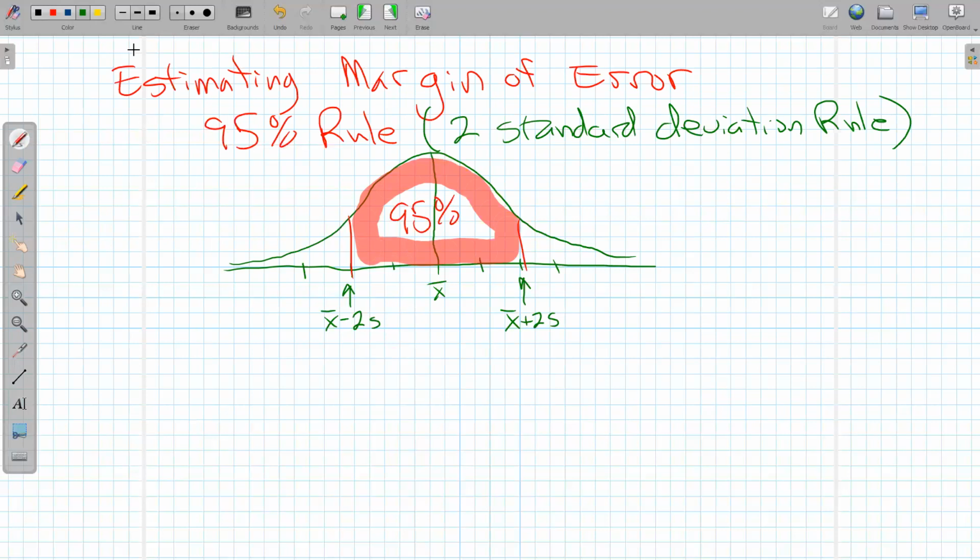So to estimate how far off our guess, our sample data, is from the population, we say that the margin of error, that distance that could be off on either side, is that 2 standard deviations. So we're going to use this range right here, 2 times the standard deviation, to be the margin of error.